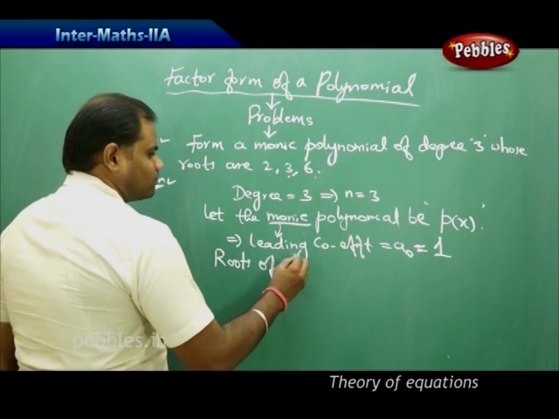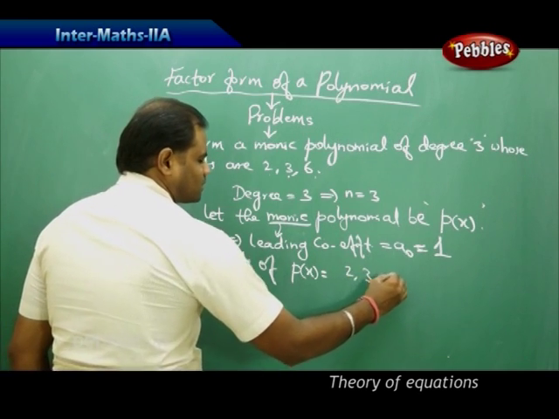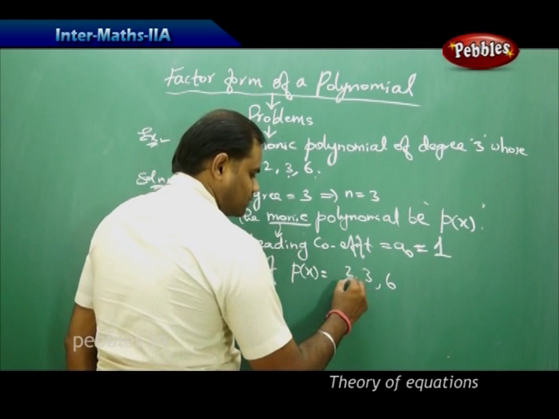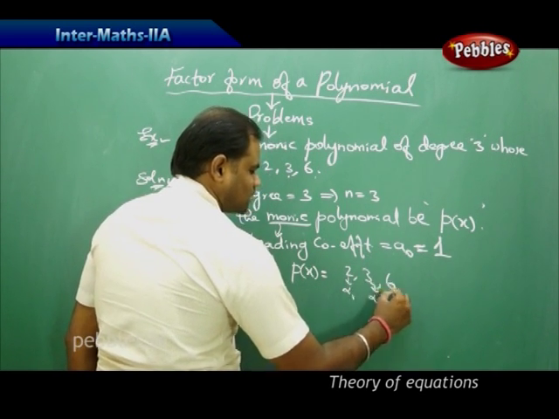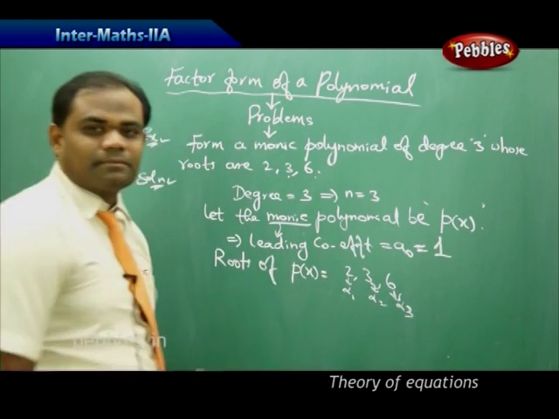And the roots of p of x are given to be 2, 3 and 6, where this one is represented with alpha 1, this with alpha 2 and this with alpha 3, as we have taken in the formula.